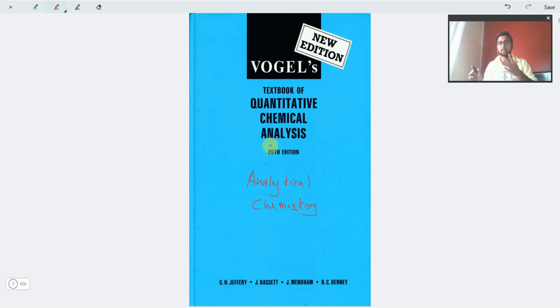One thing I would like to mention is that this book, Vogel's Analytical Chemistry, is basically the Bible of analytical chemistry available out there in India. If you want to study analytical chemistry, this will be the most preferred book.